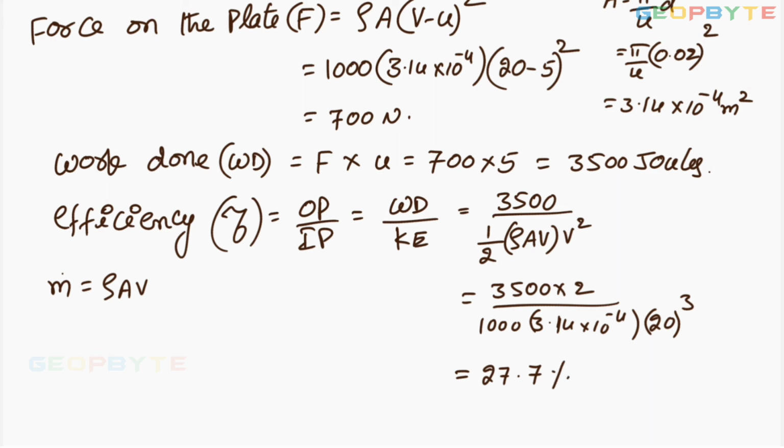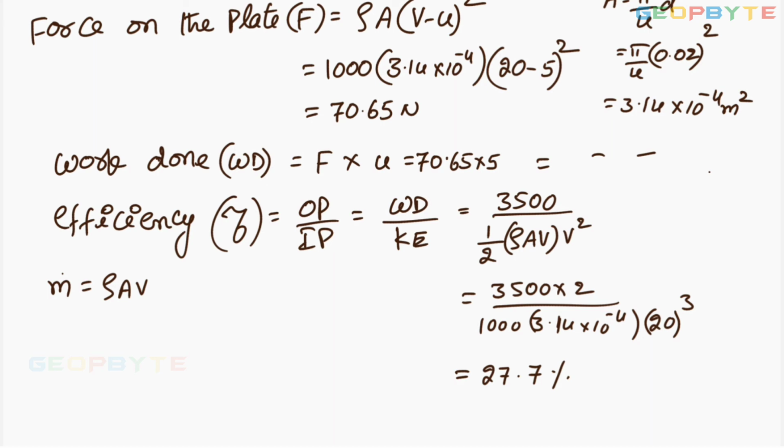Dear friends, there is a small printing mistake. It is not 700, it is 70.65 newtons. I'll write it. The work done is 70.65 into 5.